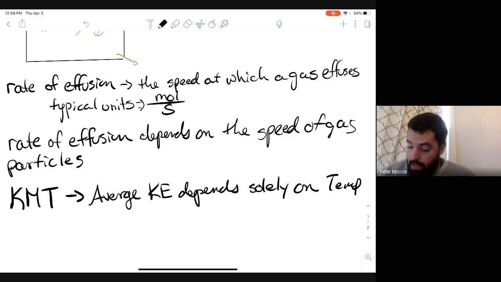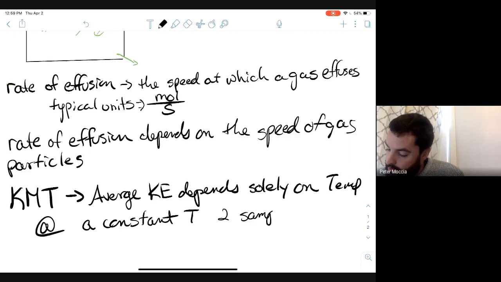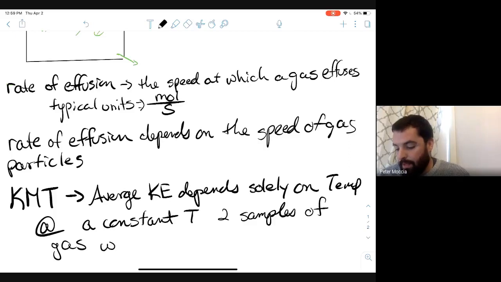Okay, so at a constant temperature, two samples of gas will have the same kinetic energy, right?